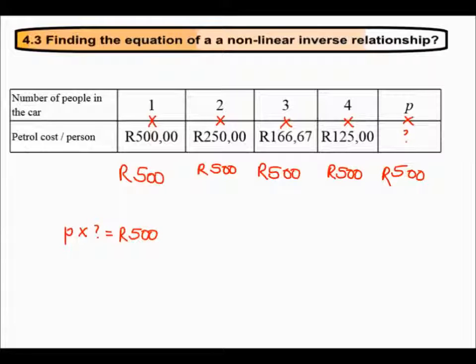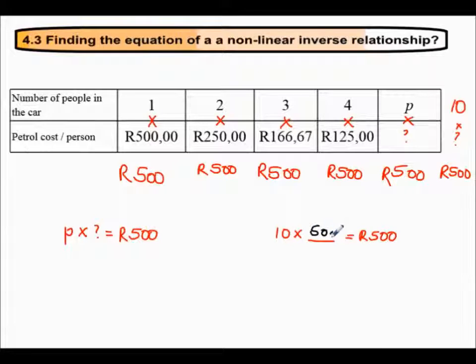Another way of looking at it: say I had a taxi that could fit 10 people in. If I had 10 people in the lift club, 10 multiplied by something must give us 500 Rand. 10 times 50 would give us 500 Rand.